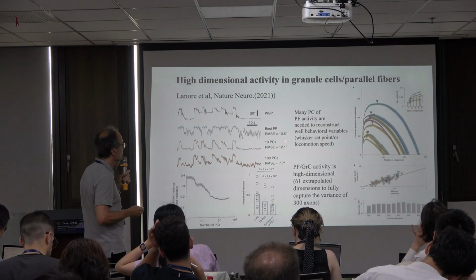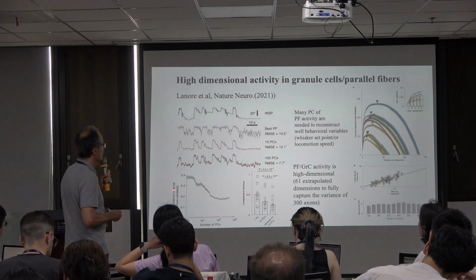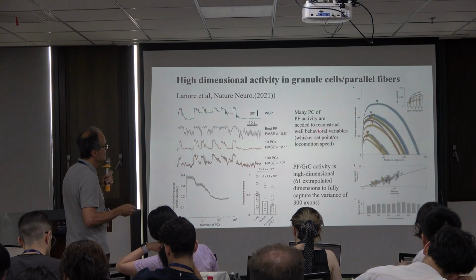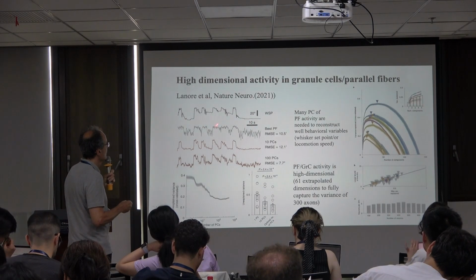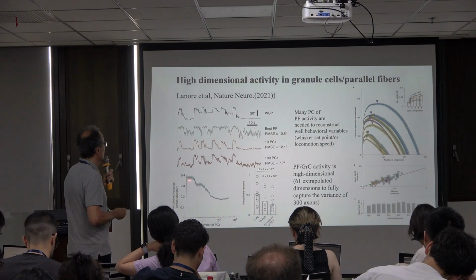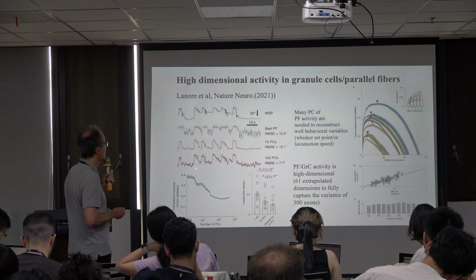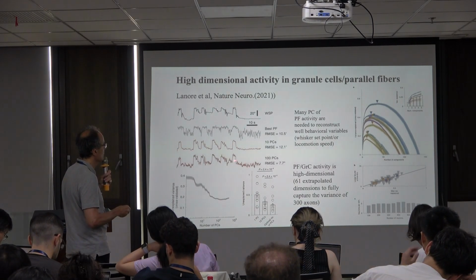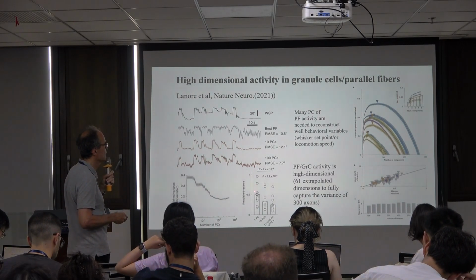If you try to see what is the variance explained with the number of PCs, for reconstructing the whisker set point, the best parallel fiber would still have 40% unexplained variance, and you can improve this with 10, and even better with 100 PCs.